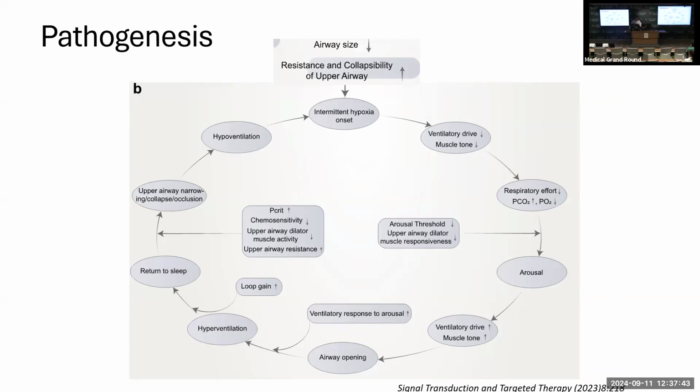This intermittent hypoxia then causes a decreased ventilatory drive and decreased muscle tone, which causes decreased respiratory effort and causes increased carbon dioxide levels in the blood and decreased oxygen levels, hypoxemia and hypercarbia, which ultimately results in arousal of the patient with increased ventilatory drive and increased muscle tone. This leads to the airway opening up and then causes hyperventilation, and the patient returns to sleep. Once the patient is asleep, again, the airway gets obstructed and the vicious cycle goes on.